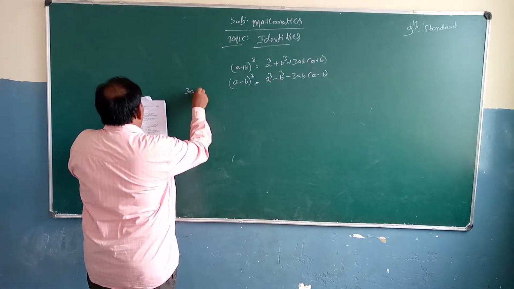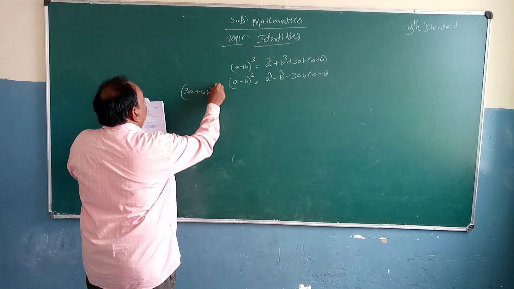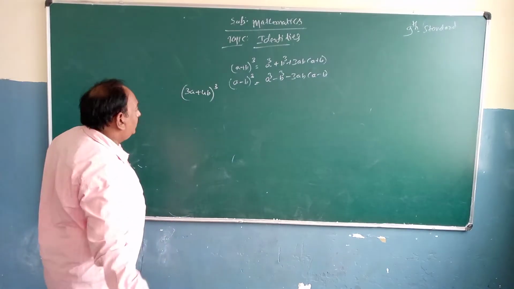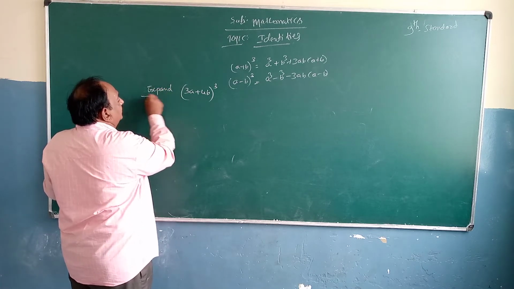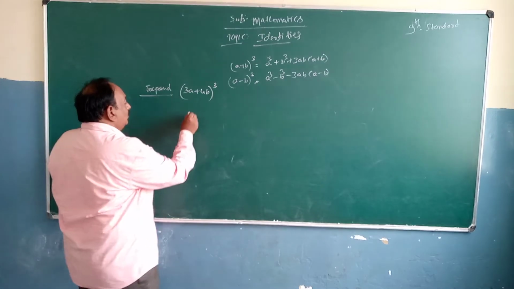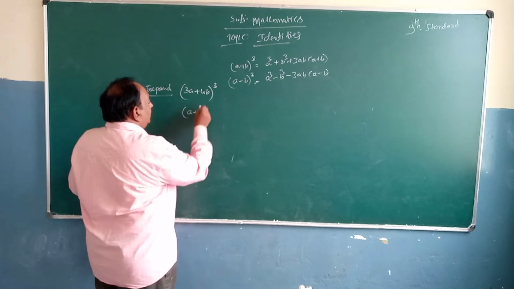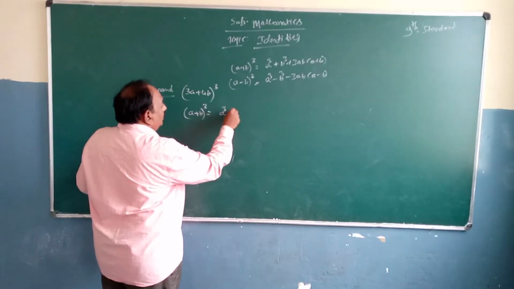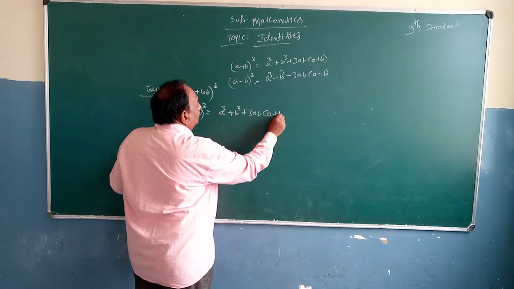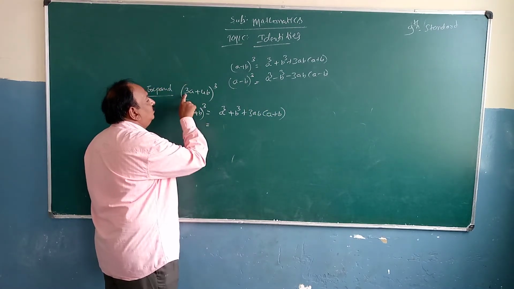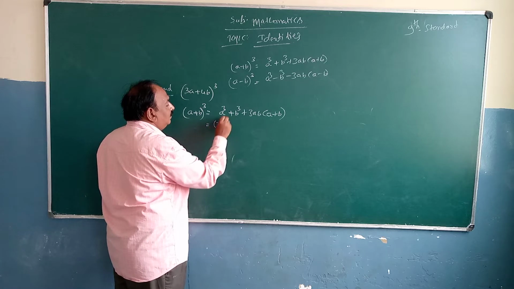3a plus 4b whole cube. Expand using the identity. A plus b whole cube is equal to a cube plus b cube plus 3ab into a plus b. What is a cube? 3a whole cube.